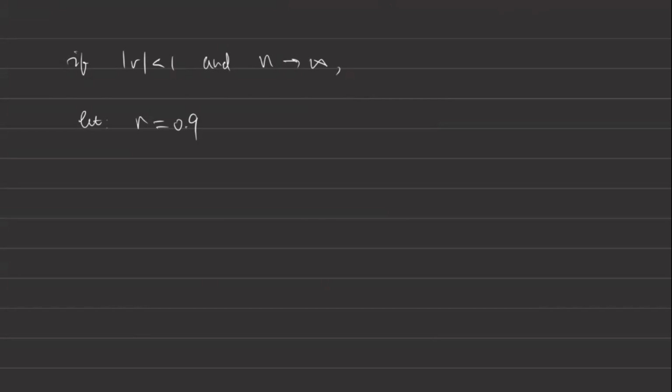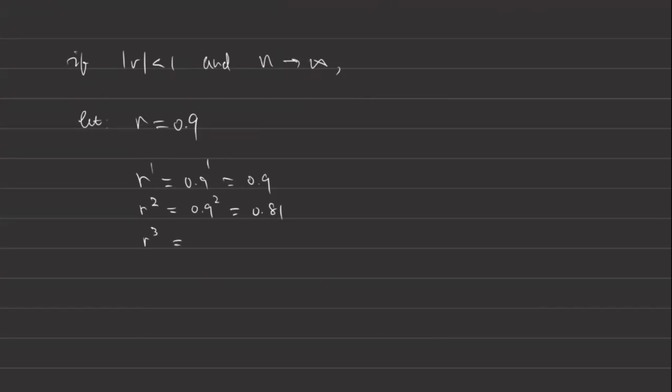Then you can take a look at the following algebra. r to the power of 1 is 0.9 to the power of 1, which is the number itself. From there, you can check out the second power: r squared gives you 0.9 squared, which is 0.81. And then you can take a look at the power of 3.